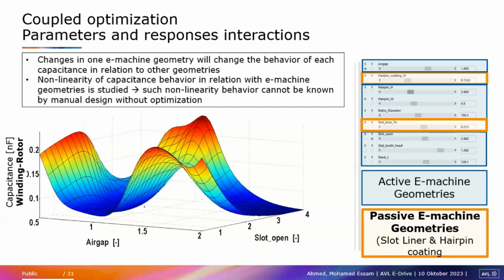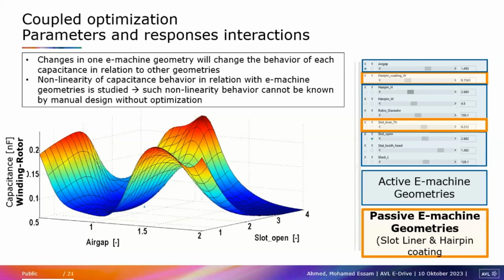The slot opening, for example, would also have a big effect. If you have a wave winding, the continuous wave winding where you insert the hairpin radially, this needs a big slot opening. A bigger slot opening means you can have bigger capacitance, because a smaller slot opening can act as a sort of Faraday cage between the winding and the rotor, so it can reduce the capacitance.